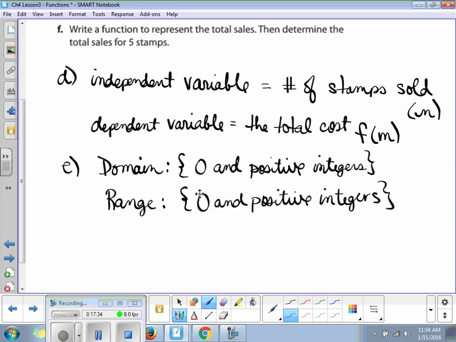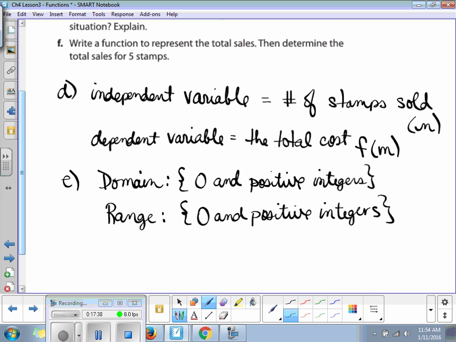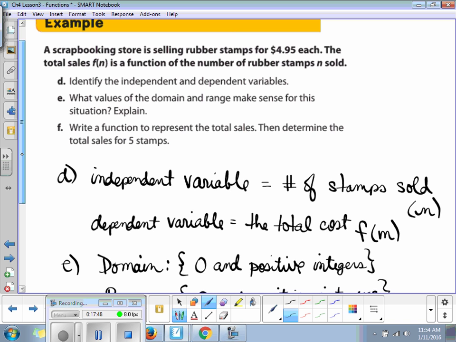Okay? So, letter F says write a function to represent the total sales, then determine the total sales for 5 stamps. So, going back up to our problem, it says a scrapbooking store is selling rubber stamps for $4.95 each. What word there tells me the operation? Each. And each tells me that I need to multiply. Very good.